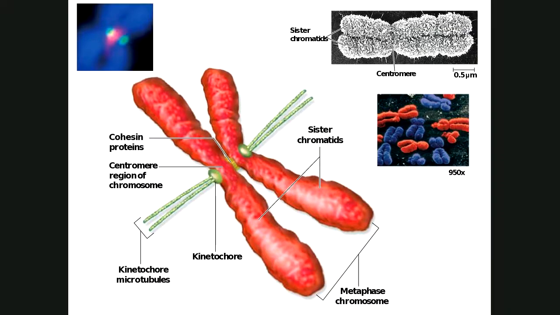46 chromosomes. Each one has made a copy. Get it again, David. 46 chromosomes, each has a copy. If we have 46 chromosomes, how many chromatids are there total?